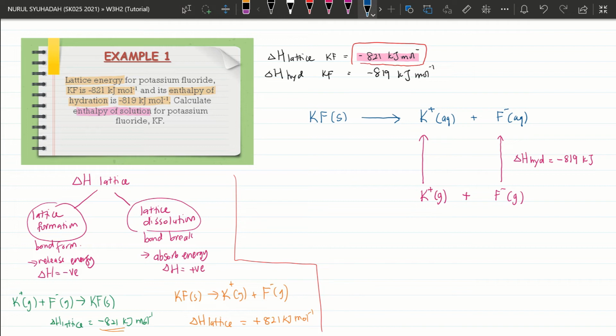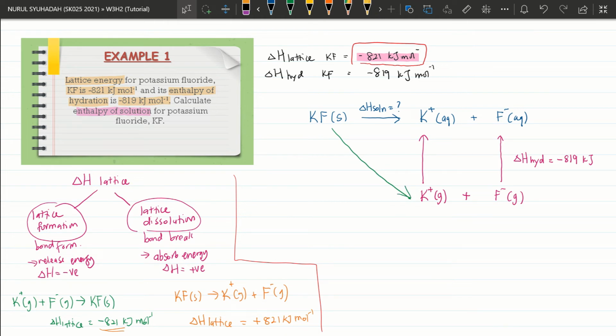And before that, let us label this delta H solution, the one that we need to find. You need to label even though you don't have the value. Okay, so this will be the second step. The first step, this one. The second step, this one. Okay, the hydration. Next, the third step is you draw an arrow from the solid KF towards here.